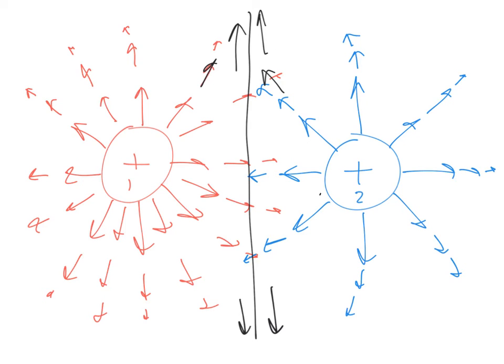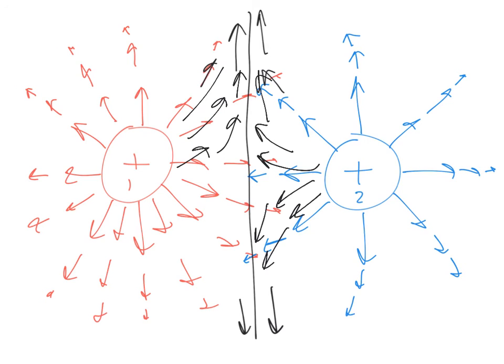And you can see if you add the vectors together as you approach that center line, that's always what's going to happen. Things are going to start turning upwards as the x components start canceling more, and the y components are going to get bigger and bigger.